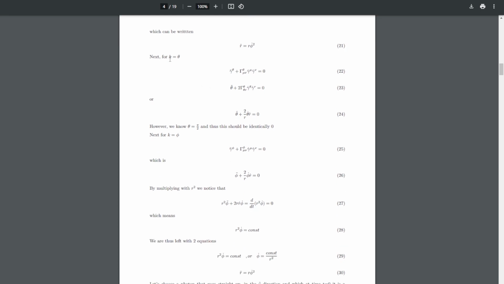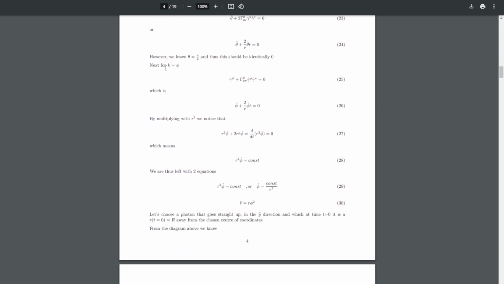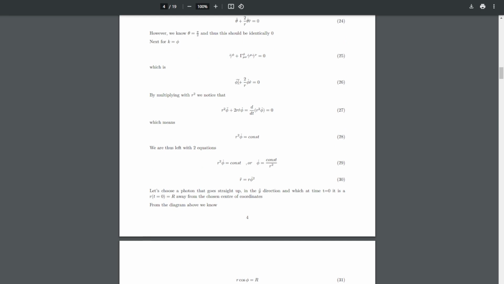Next up, if we pick k equals theta, this is just an exercise in doing the geodesic equation, but we don't really need it because, like we said, we picked the equatorial plane, so this is identically 0. Now we can pick k equals phi, pick the only non-zero Christoffel symbols, and we end up with this equation of motion.